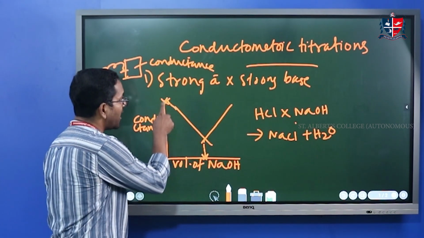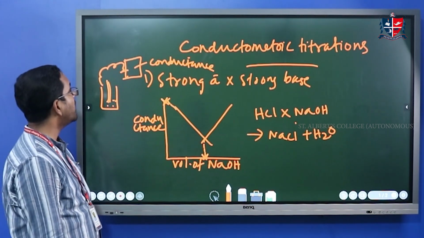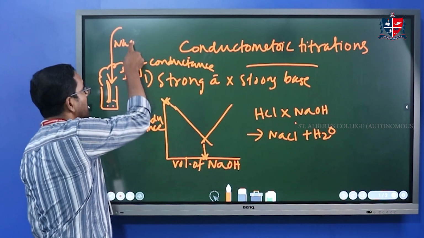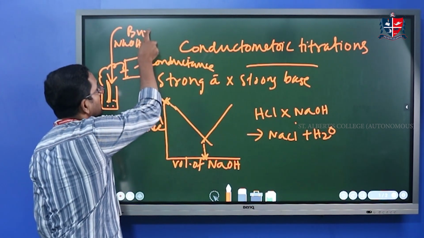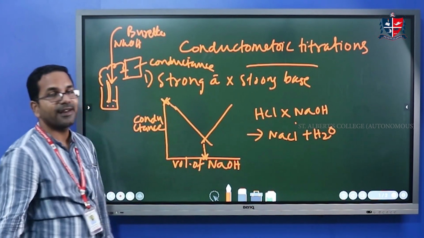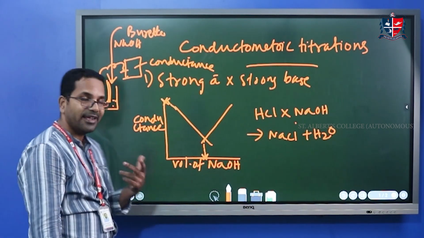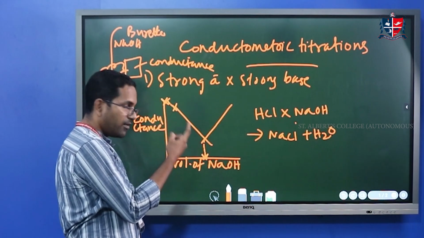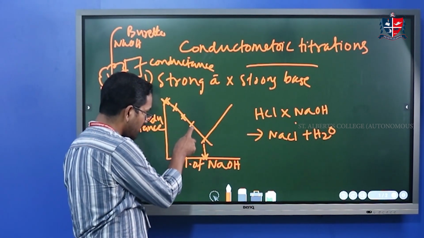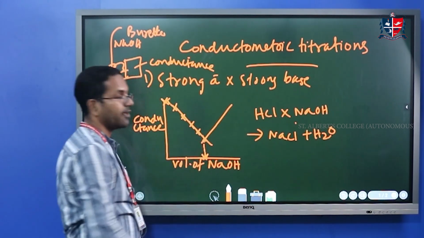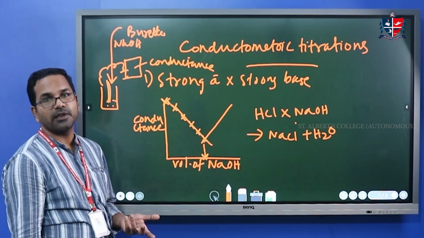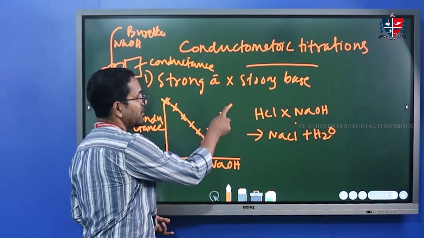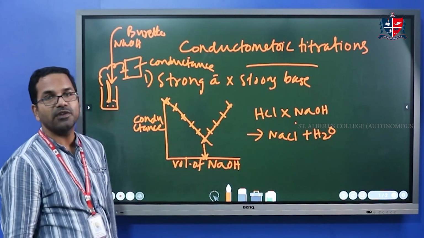So this conductance value will be high, and when we add the NaOH into this beaker from the burette, the conductance decreases. For each addition, the conductance decreases. That is, we get a point like this, and when we add again, a point like this, and this continues. After a certain volume, it suddenly increases. That is how we get a V-shaped graph.